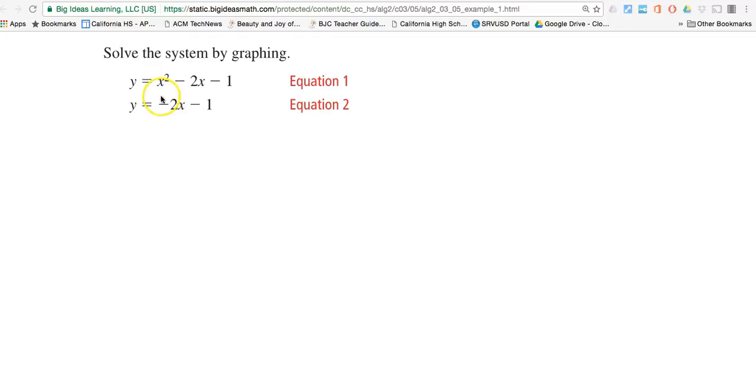Now, you guys already know how to graph both a quadratic and a linear, so we're not going to spend this whole time reteaching how to do that. But I want to look at a couple characteristics that you can see from these graphs just to give you an idea of what things you can be looking for.